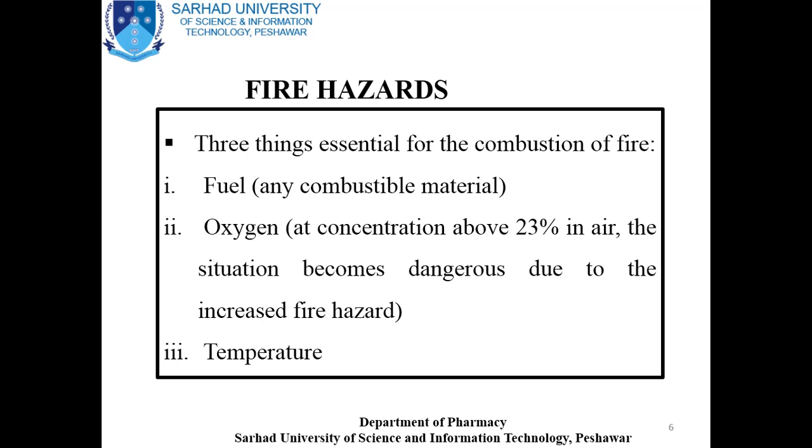Remember that at a concentration above 23% oxygen in air, the situation becomes dangerous due to the increased fire hazard. The third one is temperature. These three are the important things for the combustion of fire.